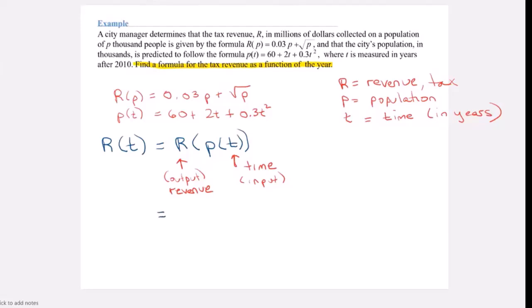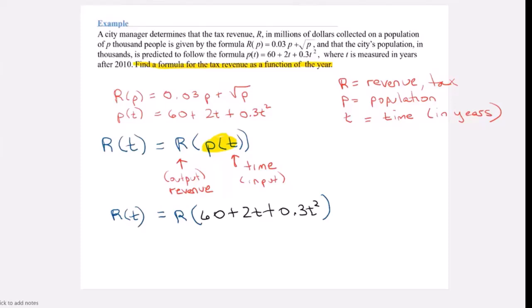We have R of, well, we know what P of t is. So we can put P of t right inside that function, which is 60 plus 2t plus 0.3t squared. Okay. Now let's find R, because now look, I have R as a function of t, don't I? This is R of t.